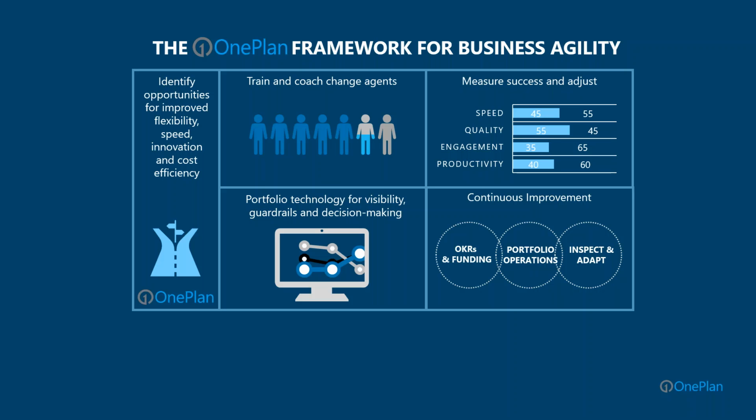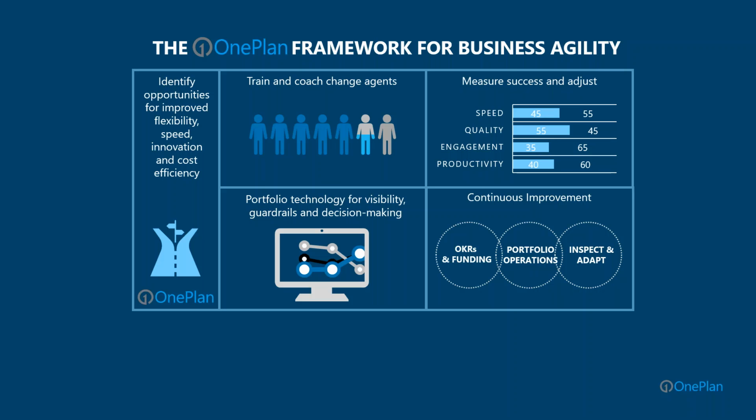We recommend training and coaching change agents. So train them in some of these tools like lean portfolio management, so they've got all the latest methods and knowledge and case studies so that they can then lead from within. Technology is super powerful and helpful.